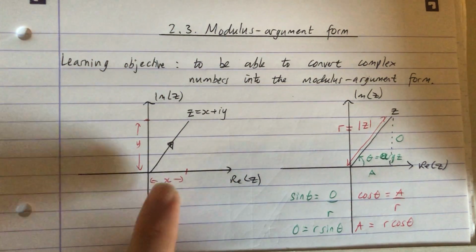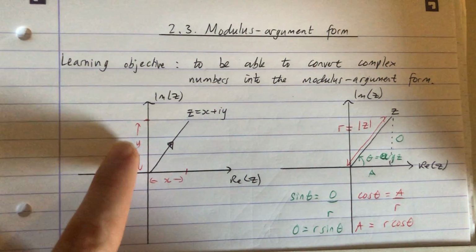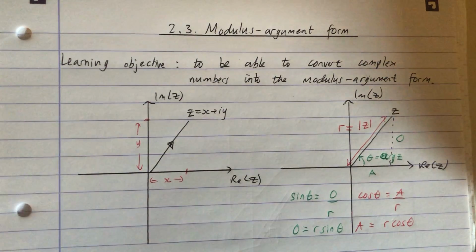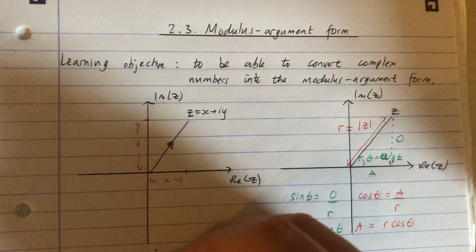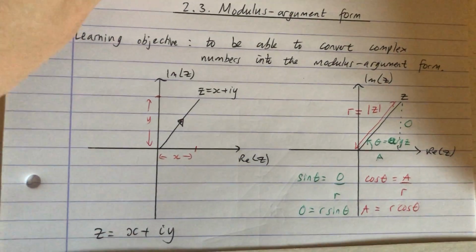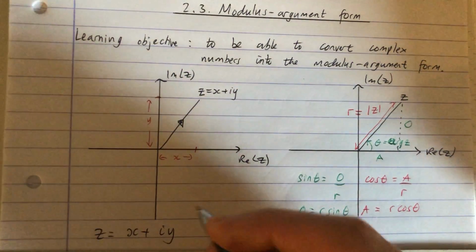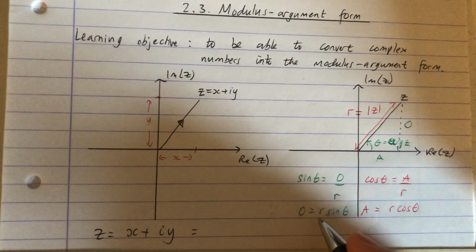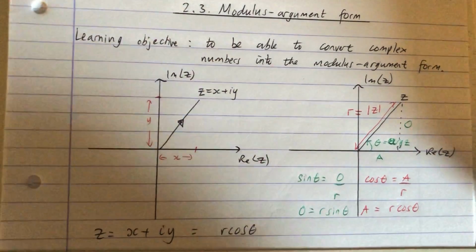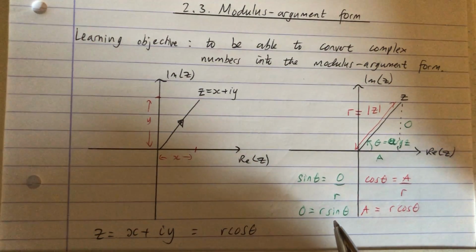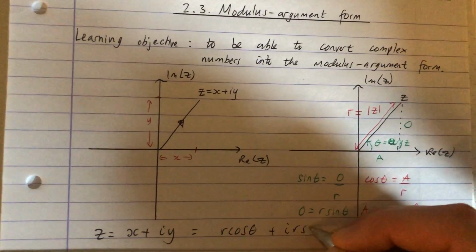Now remember, we were forgetting about this side briefly. But now if we remembered them, the opposite and the adjacents match up with the x's and the y's. So if you took a complex number and started off with x plus iy, like so, by the diagram and the algebra I've just done, the letter x could be replaced with the adjacent, which was r cos theta, and the letter y could be replaced with the opposite, which is r sine theta.